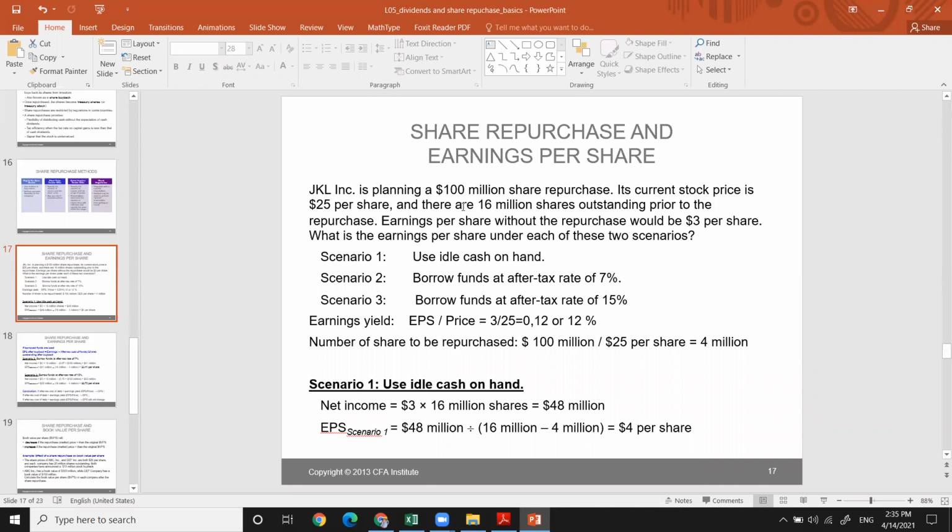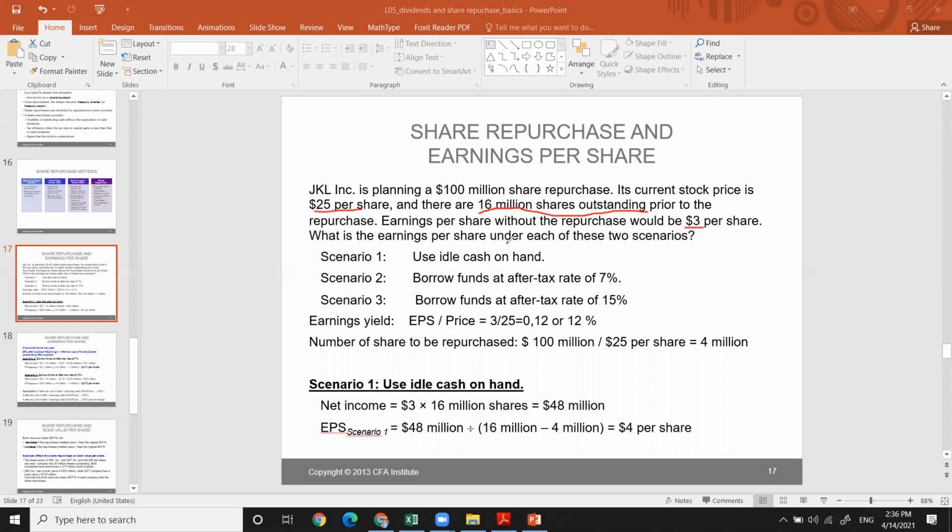So here we have share repurchase and earnings per share. There is a company that is planning to purchase $100 million of shares. Its current stock price is $25 per share, and there are 60 million shares outstanding. Prior to this repurchase, earnings per share is $3 per share.